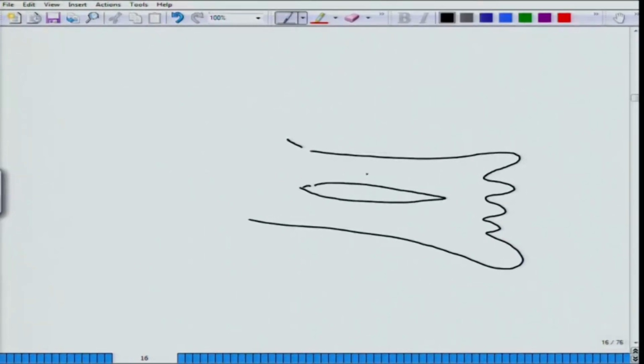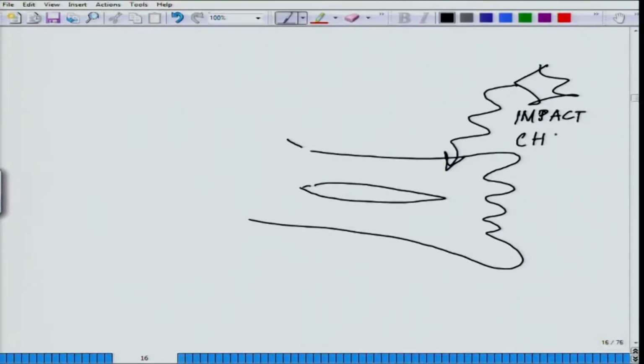I told you that there has to be a sensor which could sense the change in muscle. So, here is an impact which is falling on it, some kind of impact, changing the length of muscle.